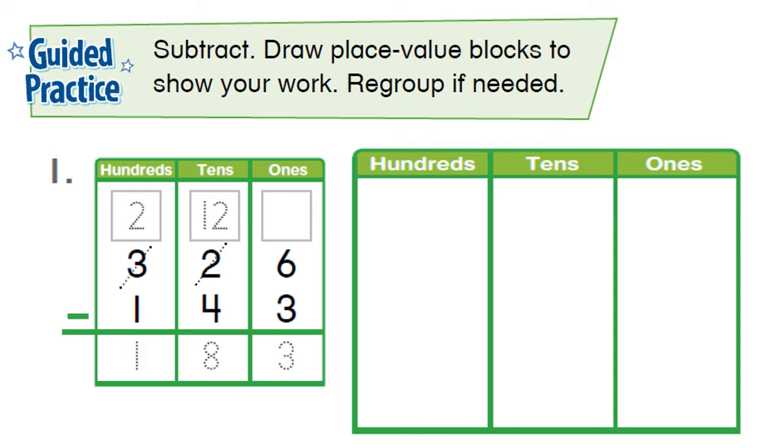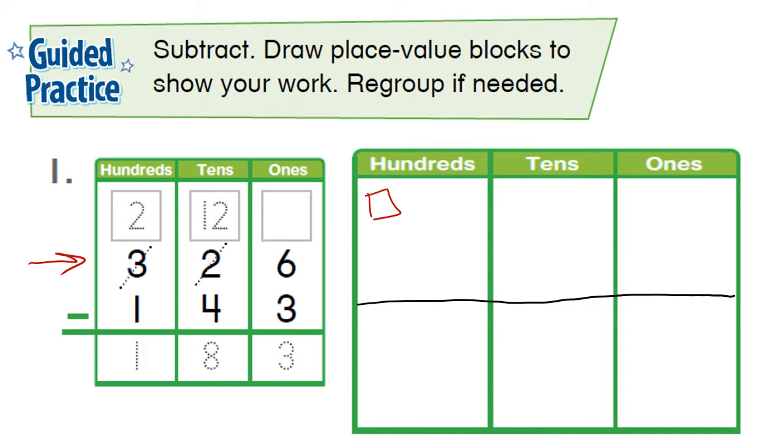Subtract, draw place value blocks to show your work, regroup if needed. Problem number 1 is 326 minus 143. The first thing that we're going to do is create the minuend in the top half of our chart.